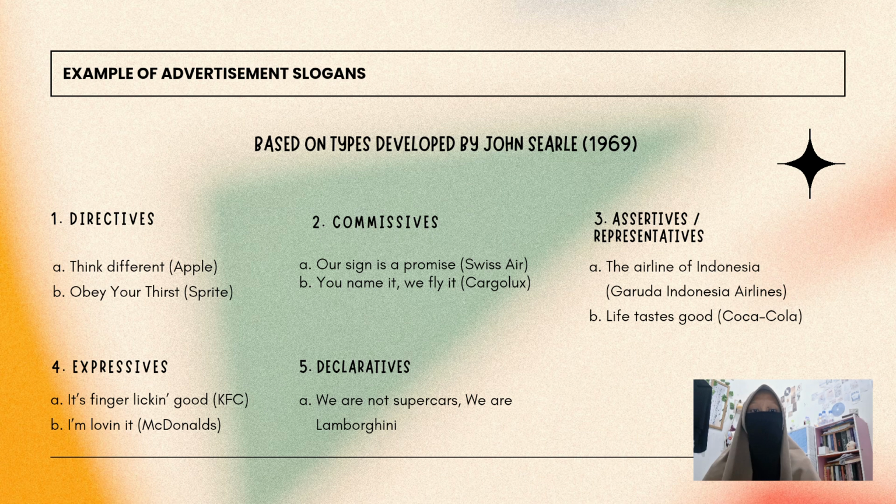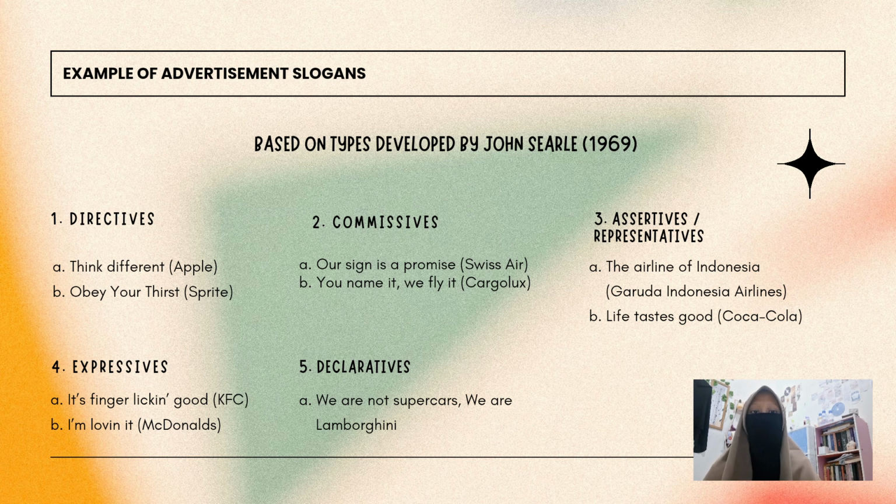And the next type is expressive, which is to show empathy, concern, or care for the consumer's needs. The first example here is from the brand KFC, which is "It's finger lickin' good." So the company wants to persuade their customers to buy KFC chicken because it is so good that the flavor stays on their fingers.